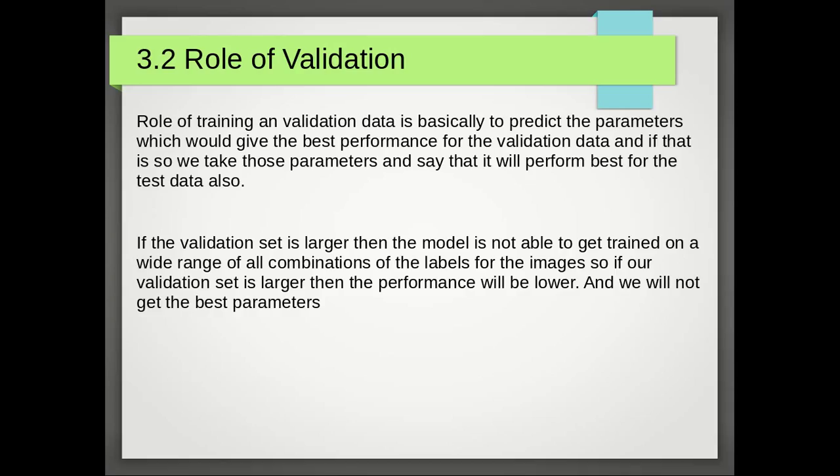If we have a larger validation data set, then our model will not be able to get trained on a wide range of combinations of the labels for the images, so performance will be lower and it will not give us the best parameters for the test data.